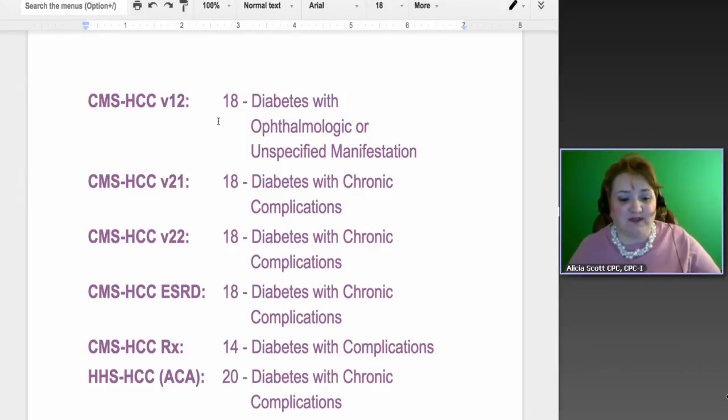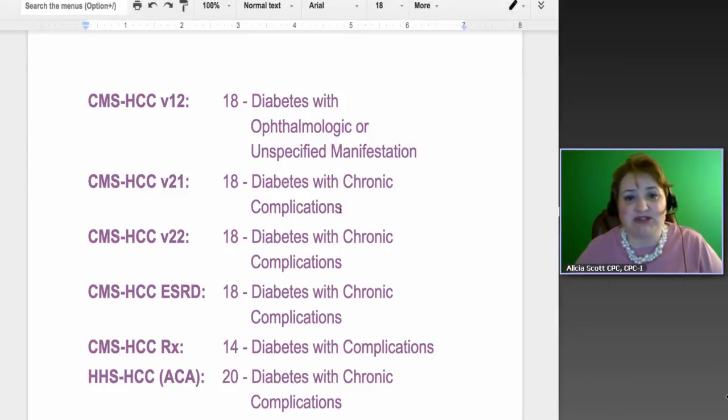They don't look at the diagnosis code. There could be multiple codes that are 18s, that are 22s and 50s, and there's all these different HCC categories. So all of these diabetes with chronic complication codes fall under 18, and that has to be captured once a year, all right?